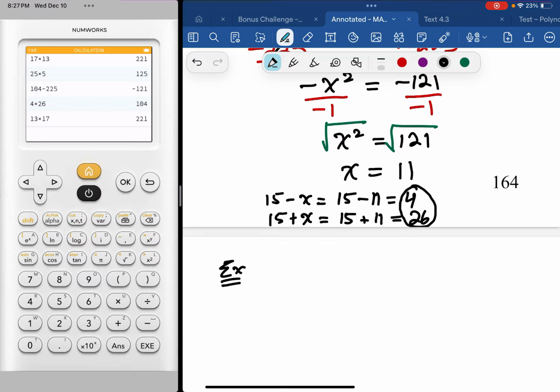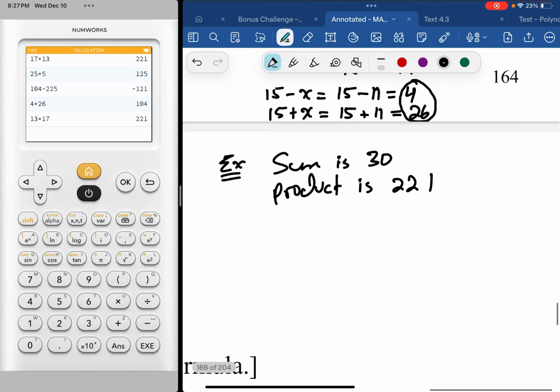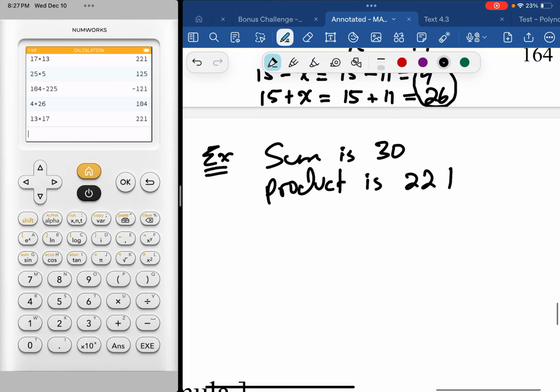All right, so two numbers that add to, so the sum is 30. Product is 221. All right, so I'm kind of working backwards from what I want the answer to be.